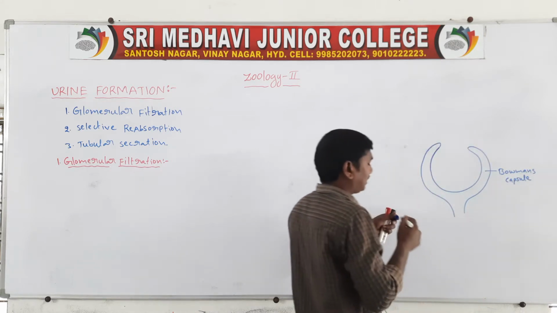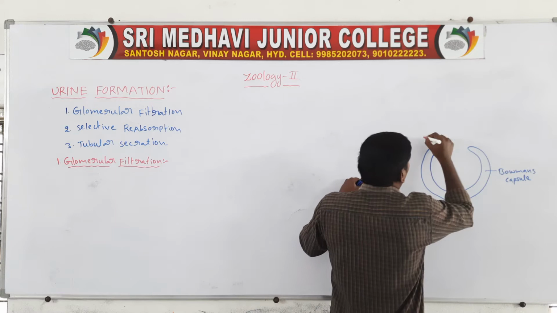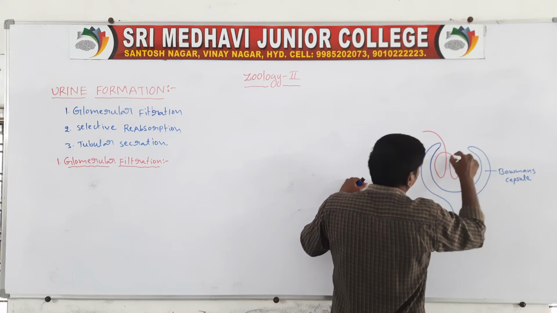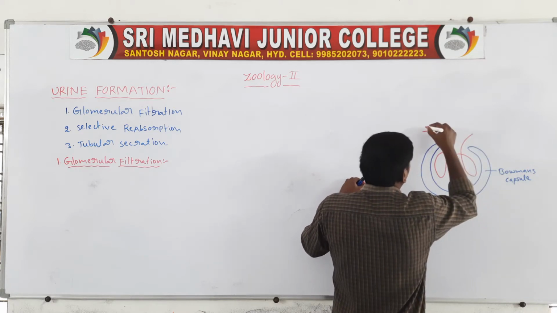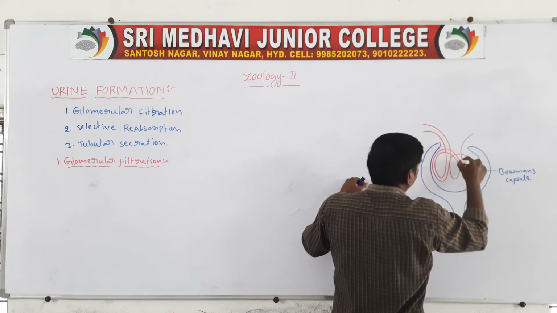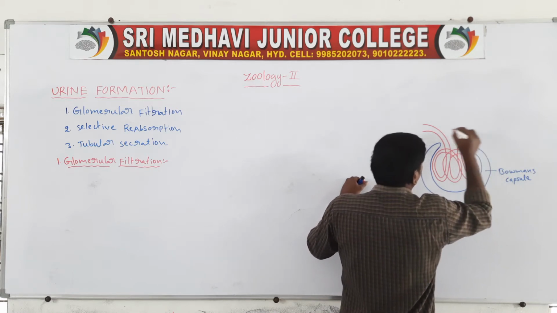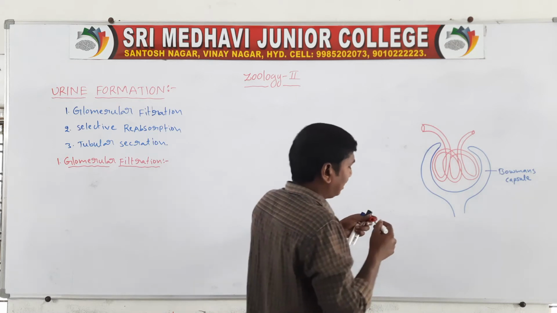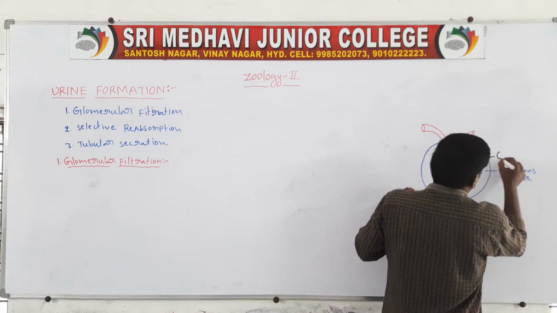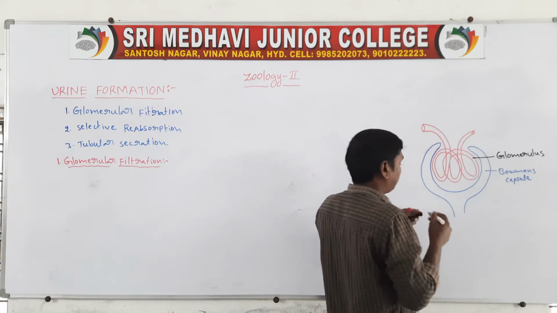The inner side of the Bowman's capsule presents the glomerulus. These are the glomerulus.